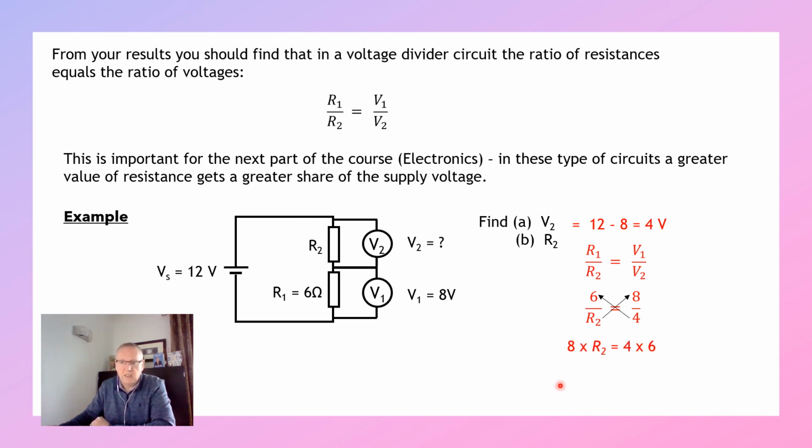So your next line should be that 8 times R2 equals 6 times 4, nearly there. So therefore you want to have R2 on its own, so the 8 gets divided underneath that. I've done the 6 times 4 in my head, 24, divided by 8, which does actually give you the 3 ohms.